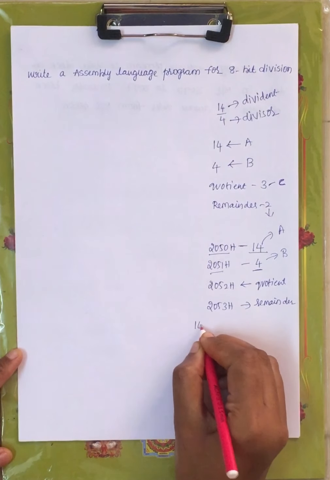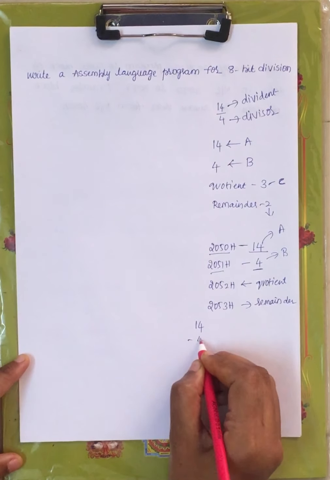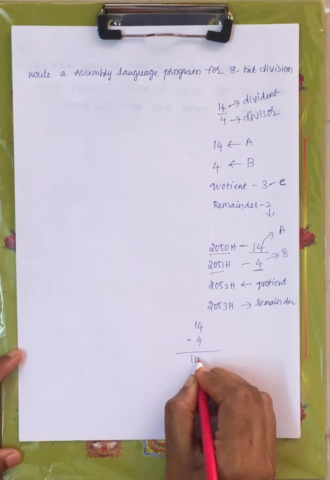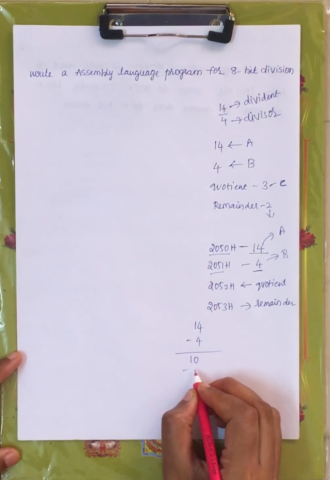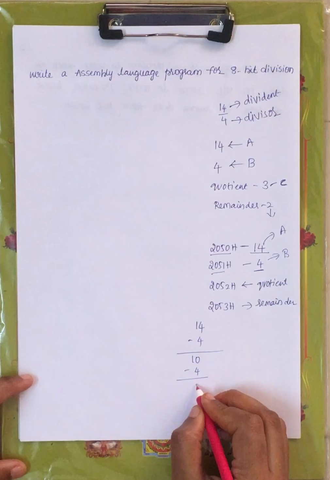As I have said, you can perform 8-bit division under 8085 using the subtraction operation. Now 14 minus 4, that is dividend minus divisor. What is 14 minus 4? You will get 10. The next operation, again subtraction: 10 minus 4 is 6.